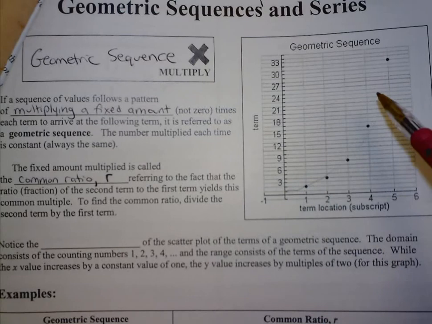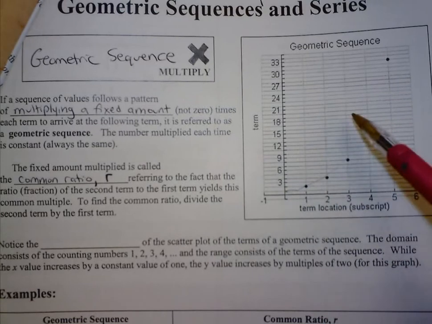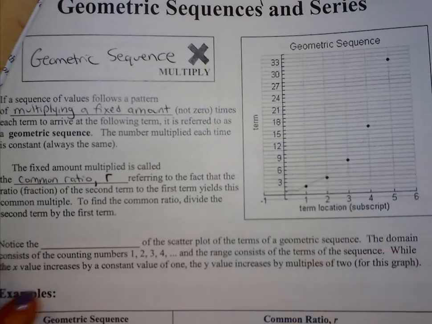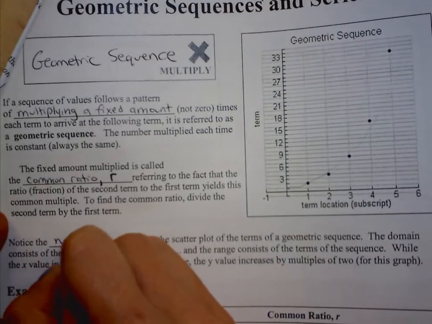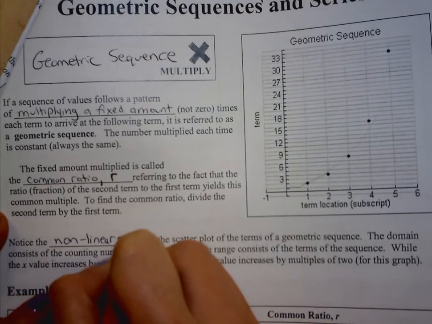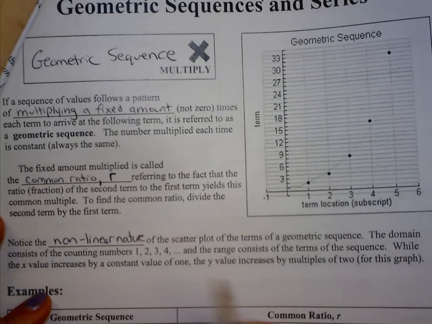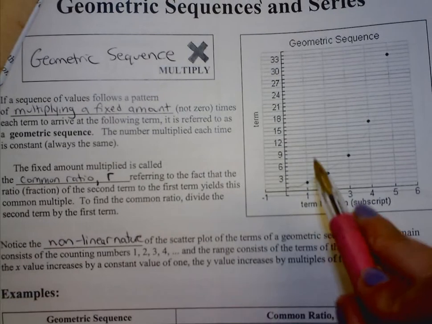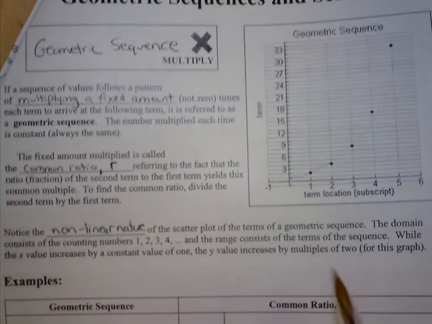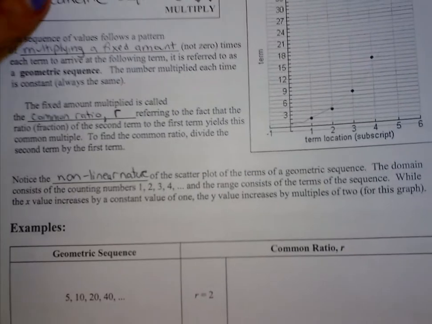So this goes hand in hand with what we learned a couple units ago. Notice the non-linear nature of the scatter plot. So it's actually an exponential, whereas our other one was linear.